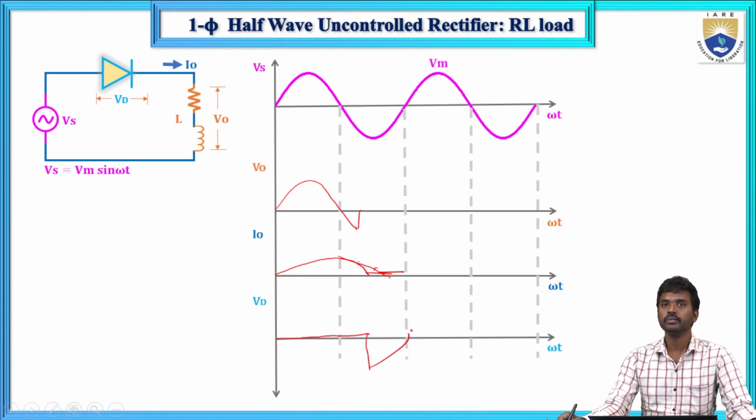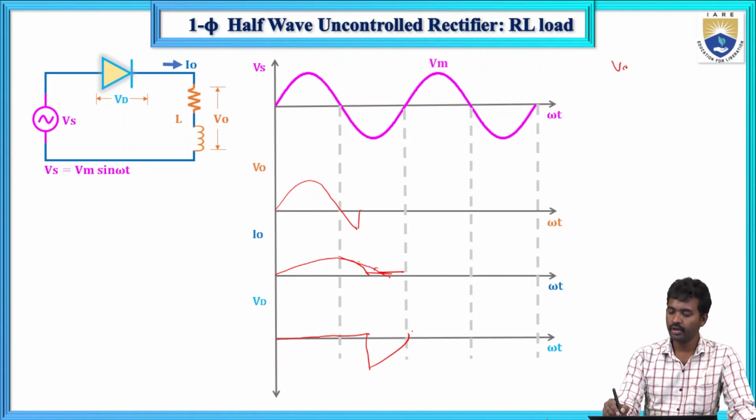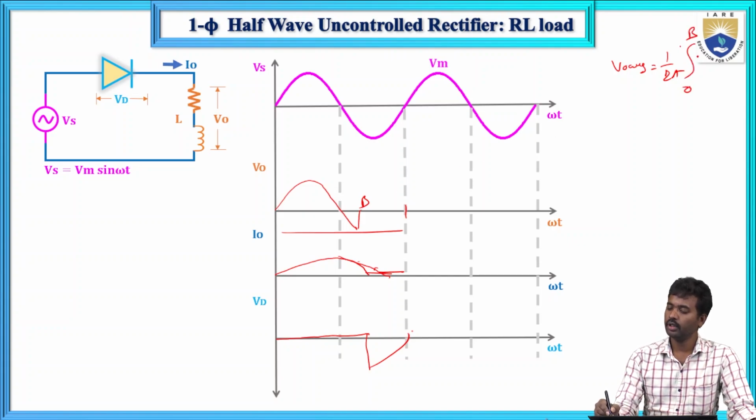Now next case here, V naught average equals 1 by 2 pi, integral from 0 to beta of Vm sin omega t. If you simplify this, Vm by 2 pi times (1 minus cos beta).